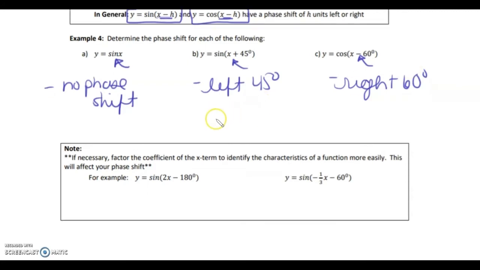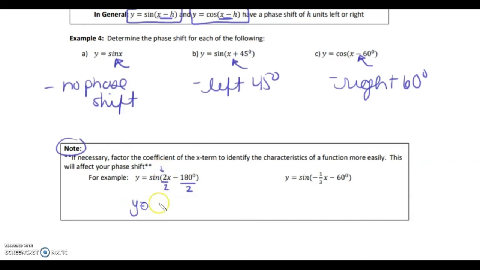Like we've seen before, it's necessary to factor out the coefficient of the term in the bracket in order to identify what the phase shift really is. If we look at this, we can say the k value is 2. That's not going to change if we factor it out. What's actually going to change is that we have to factor out the entire coefficient of x.